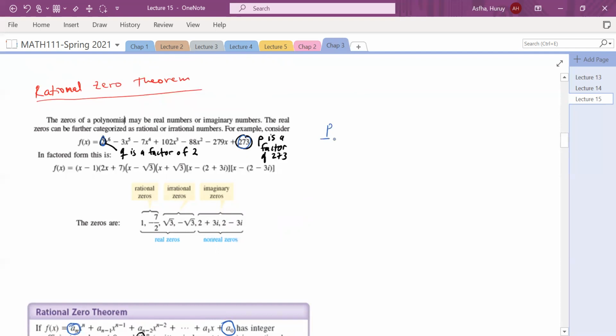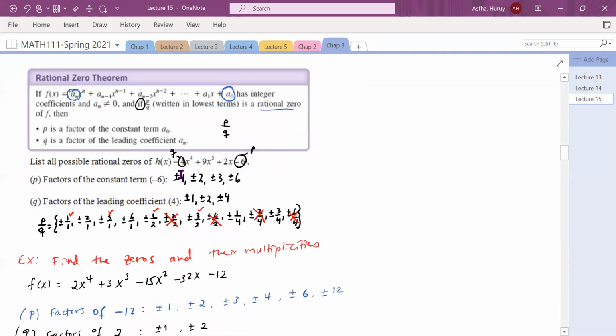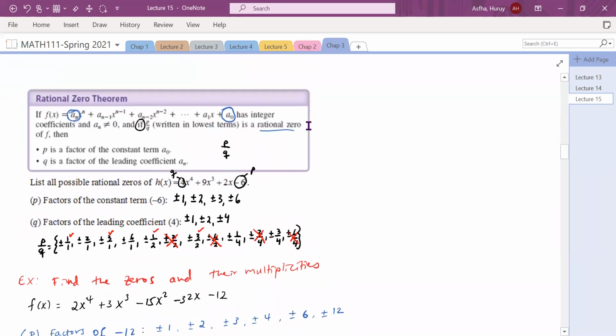So if we have p over q, and this is a zero of the polynomial, then p will be a factor of the constant, and q will be a factor of the leading coefficient. Okay, so basically that's what it's saying. So we can use this information to find zeros of a polynomial function.